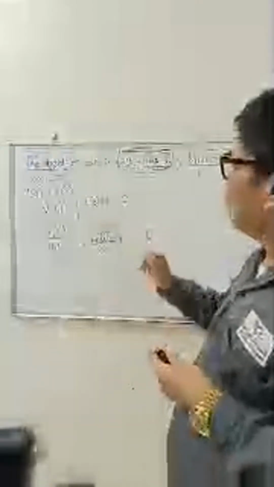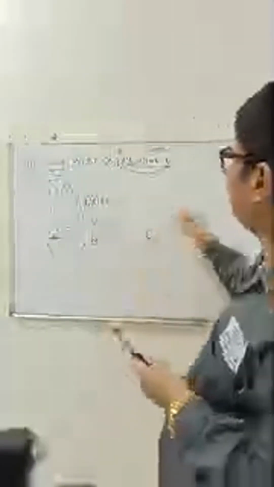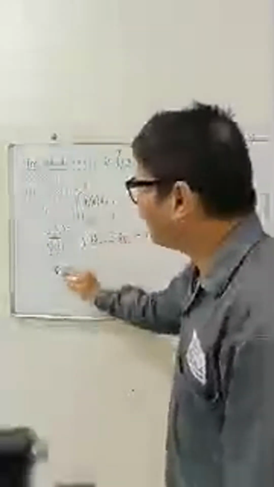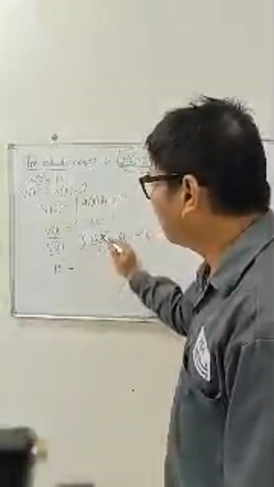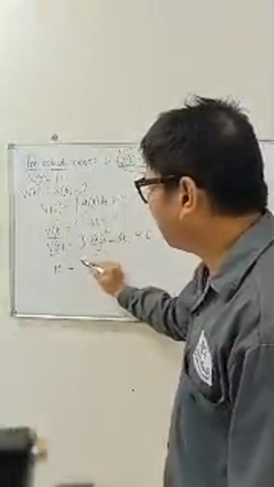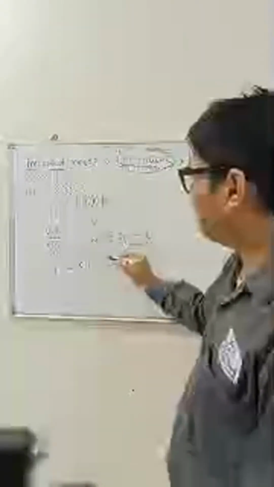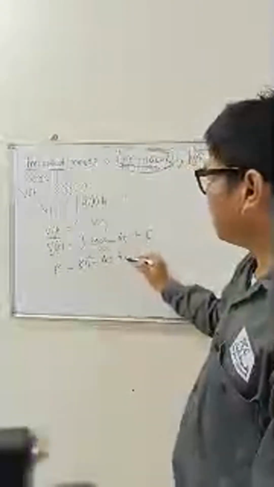Now we have one unknown, c. Since our t here is 1, we need to substitute 1. So what is the value of V1? 10 is equal to 8t raised to the power 2 minus 6t plus c.